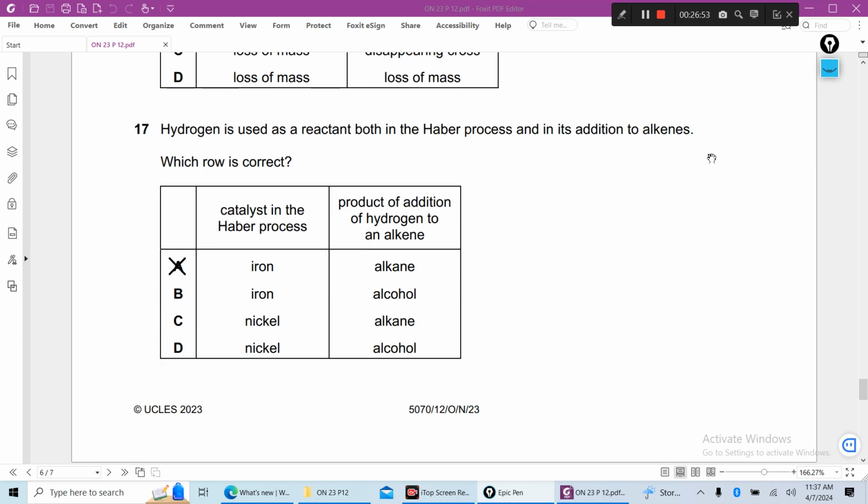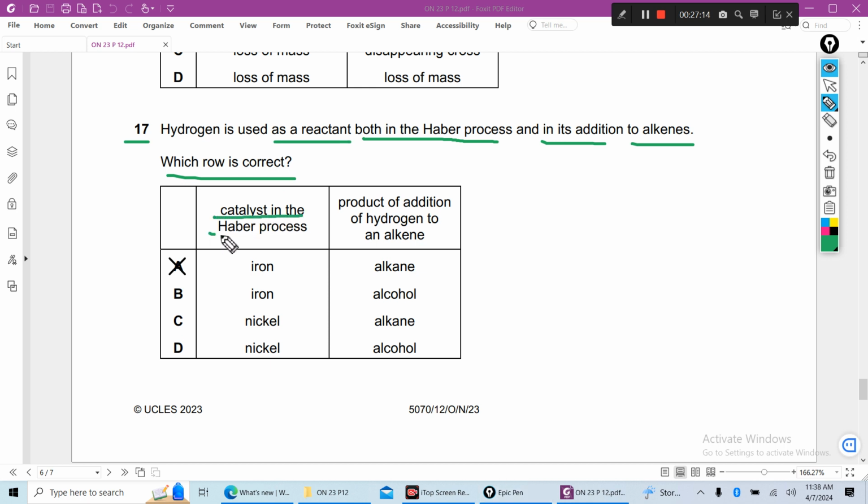Next, question 17. Hydrogen is used as a reactant in both the Haber process and in its addition to alkene. Which row is correct?